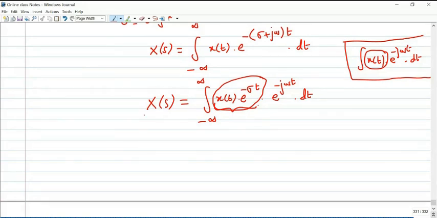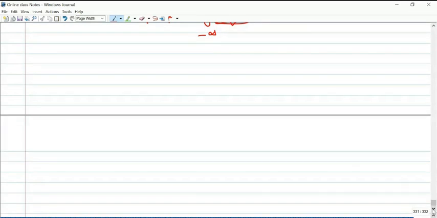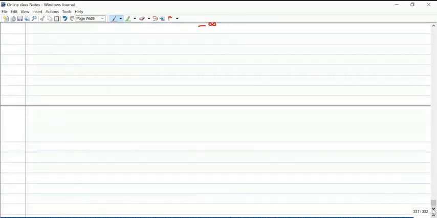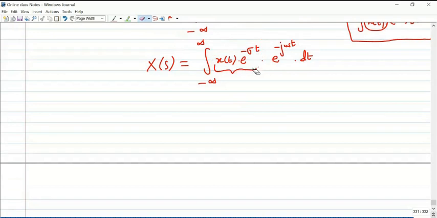That is the result of the Laplace transform. So X of s equals integration of x of t e power minus sigma t and then e power minus j omega t dt. This equation indicates the Laplace transform is the Fourier transform of x of t e power minus sigma t.